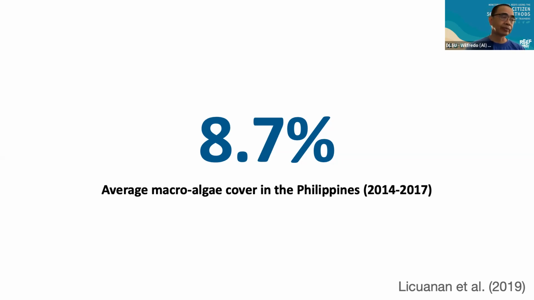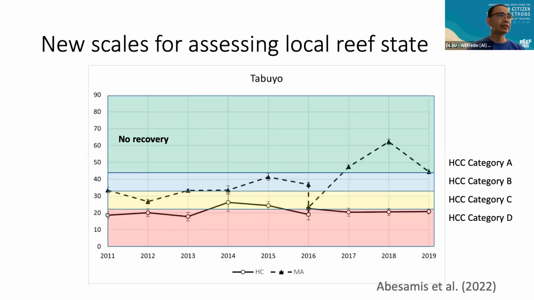coming useful. During the nationwide surveys, the average cover of macroalgae is almost 9%, 8.7 to be precise. So pag mataas pa dyan ang cover ng macroalgae, then that's likely too many for a reef. Okay. So this is also in Taytay Bay in eastern Palawan.